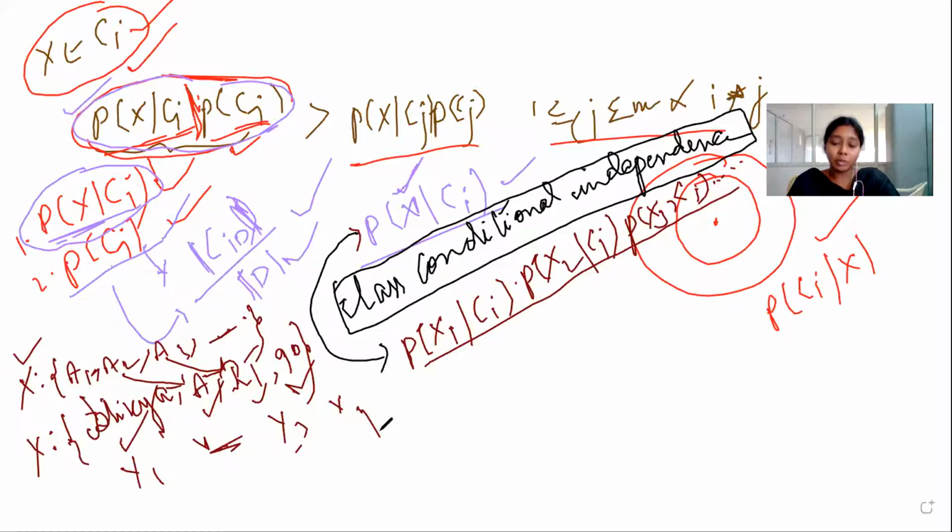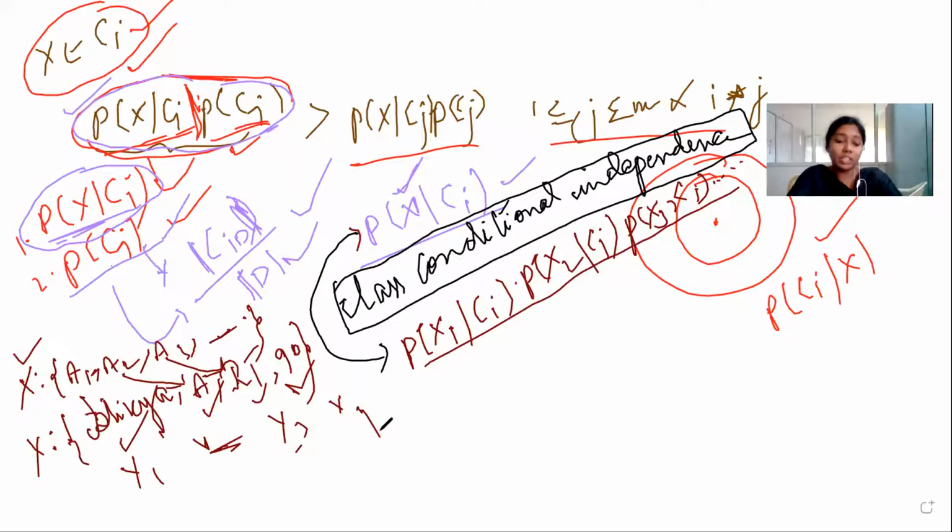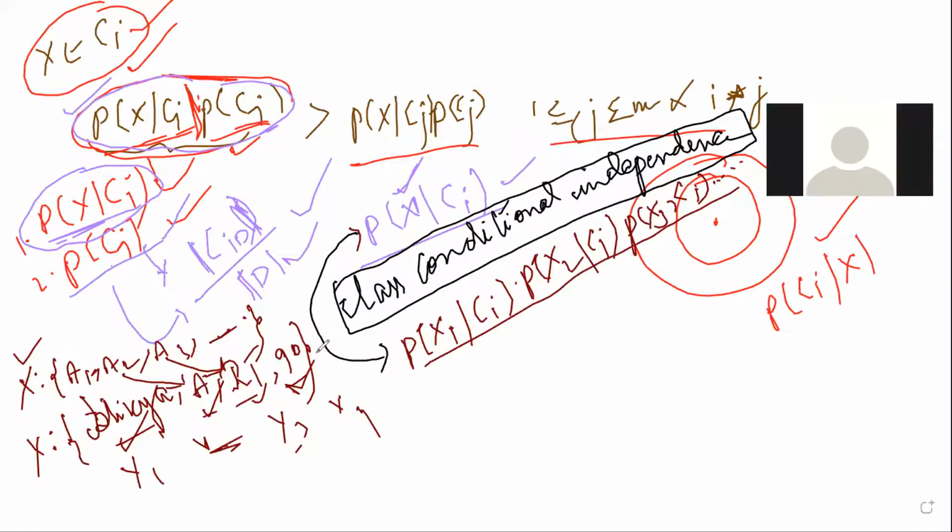So here X is an attribute vector, right? And each particular value of X is represented with X1, X2, X3, where these are the values of the attributes. So here the name Alekia is the value of attribute A1, where A1 is the name of the student.